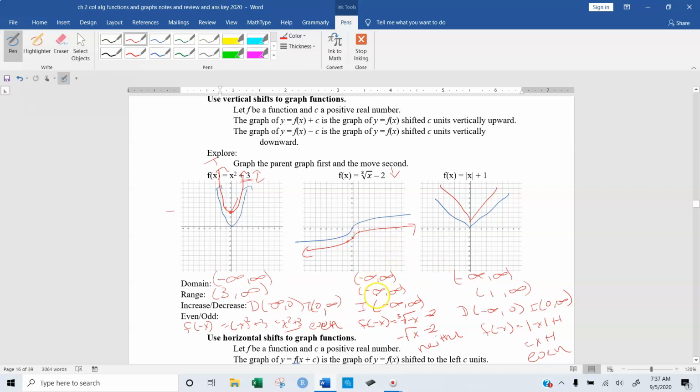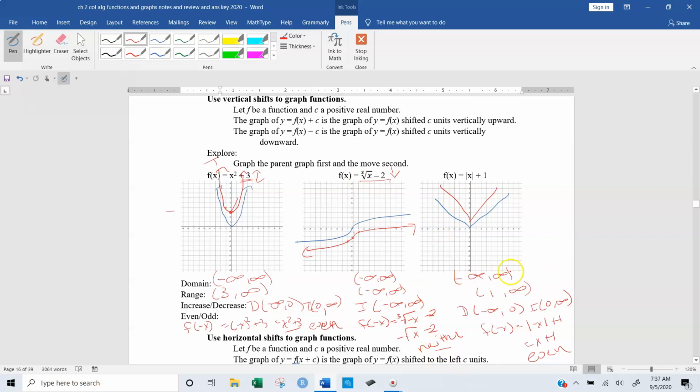All right, domain and range are identical, negative infinity to infinity, always increasing. Plug in your negative x, you get negative x cubed, I forgot my cube, minus 2, which is not exactly opposite or the same as this, so it is neither an even nor an odd function.